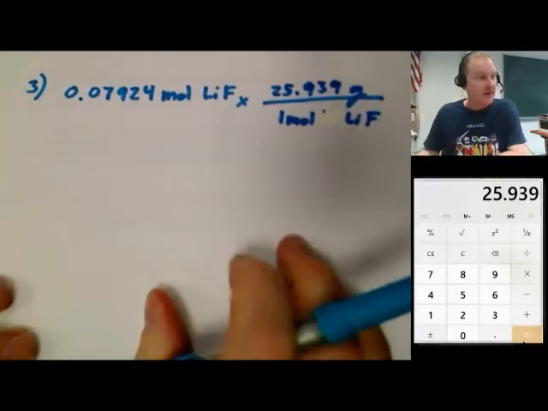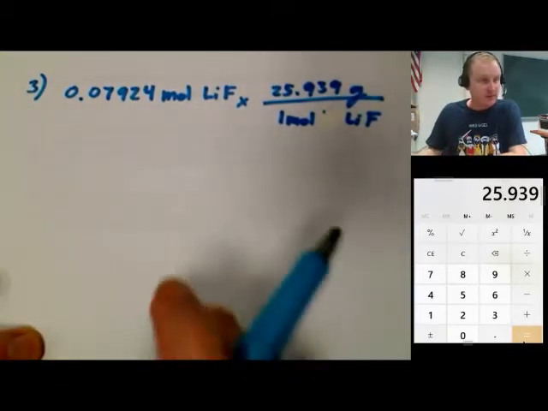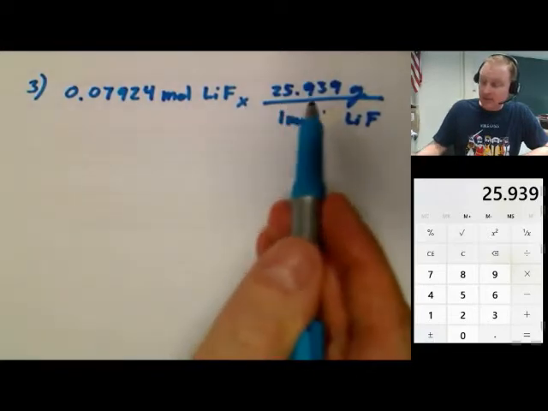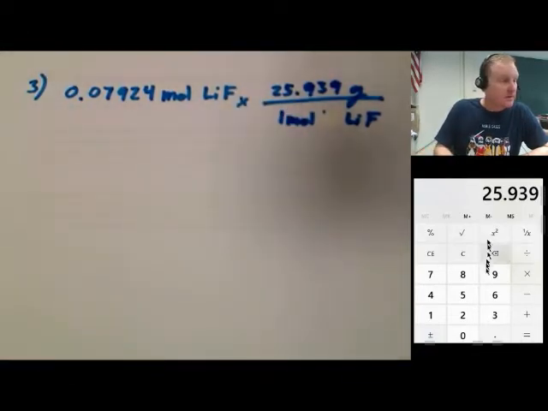All right, so let's calculate that. We're going to take our number, 25.939, the molar mass, and multiply that by 0.07924.